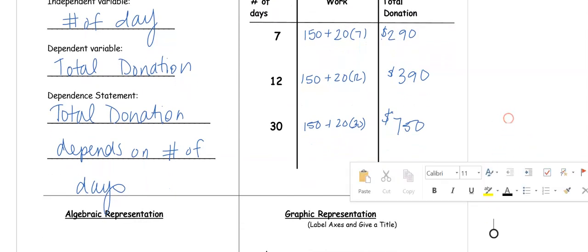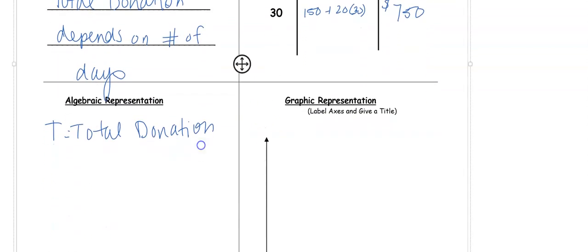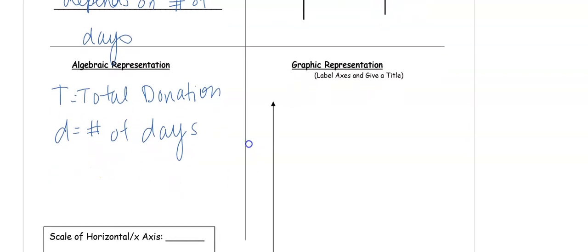Okay, so let's come up with our algebraic representation. Let's say T for total donation, and then we will say D for number of days. So our formula, our function rule would be T equals our original donation of 150 plus $20 per day.